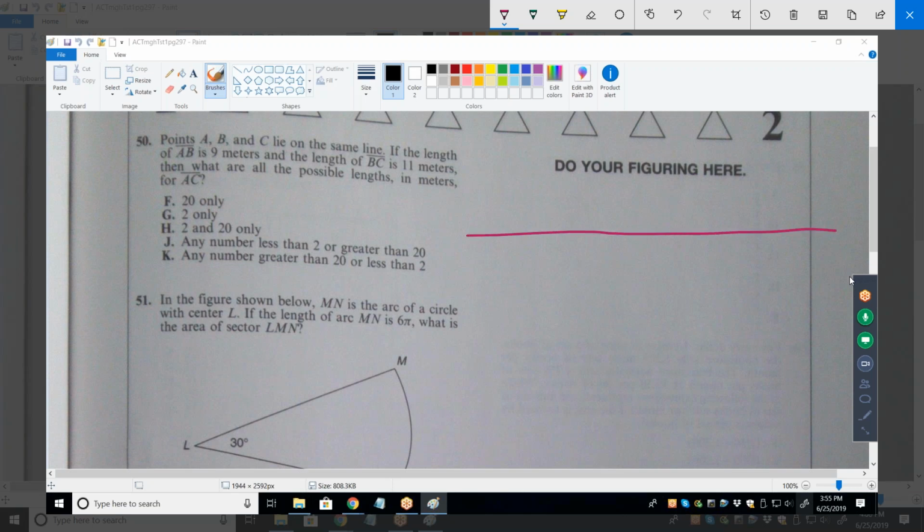Well, A, B, and C lie along the same line. So here that's 9, and that's 11.